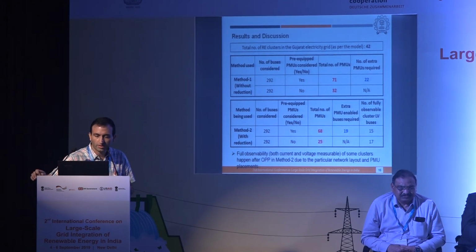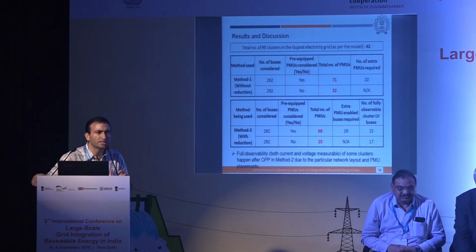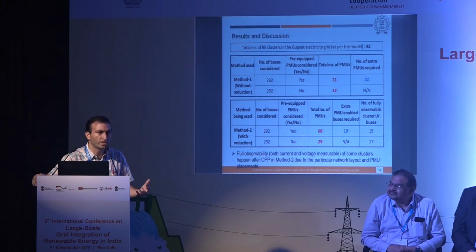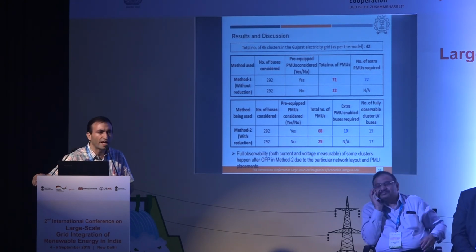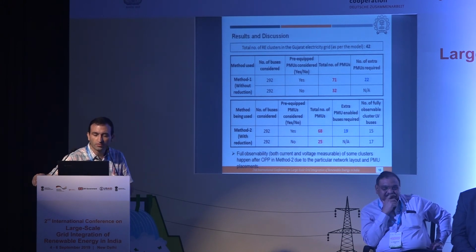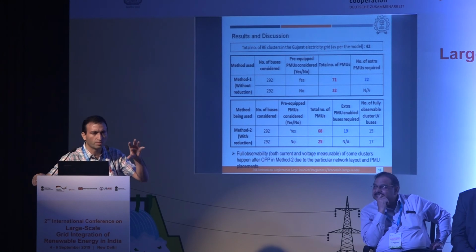In another research study, we considered one more scenario where we don't have any existing PMUs. There we actually need 32 PMUs. So if you see the first row, 71 is because most of them are already existing, and we need some additional to actually have full monitoring of all the renewable energy plants.